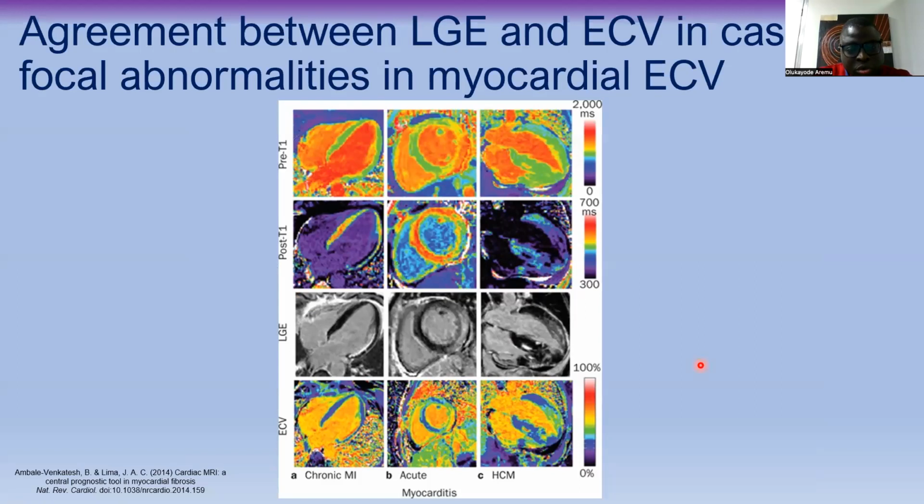This is almost the same explanation as we did the other time. You can see the ECV values correlating with what we see in the LGE in chronic MI, in acute MI, and in hypertrophic cardiomyopathy and myocarditis cases.